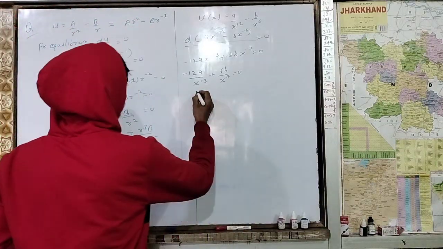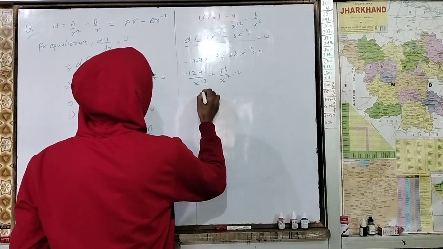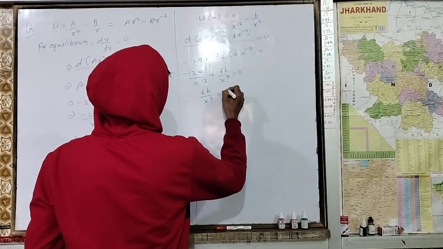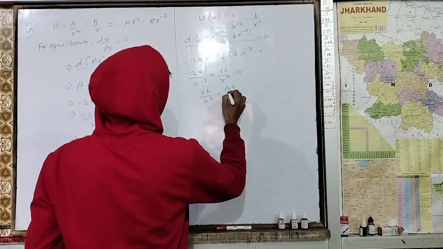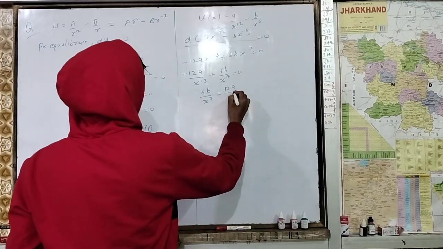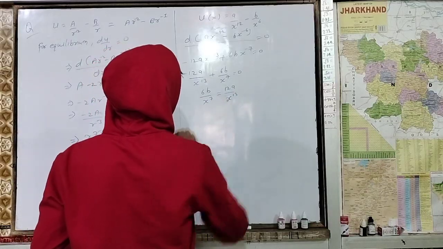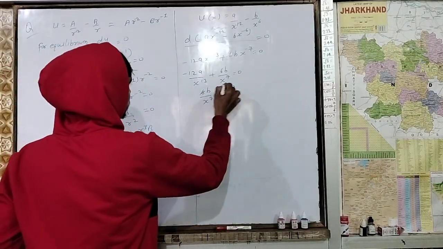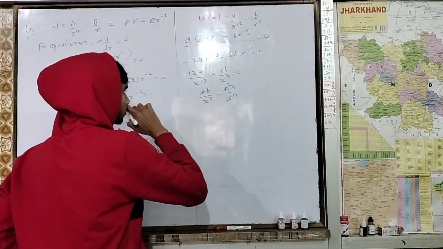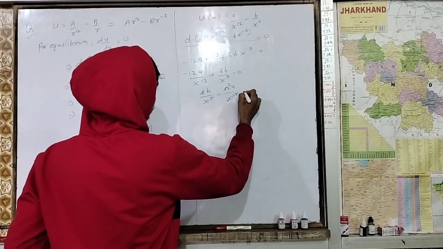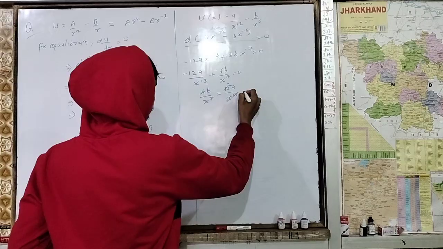Now your work is to look over here: 6B upon x raised to power 7 equals 12A upon x raised to power 13. What is happening over here? 6 goes into 12, and this will cut by x raised to power 6.